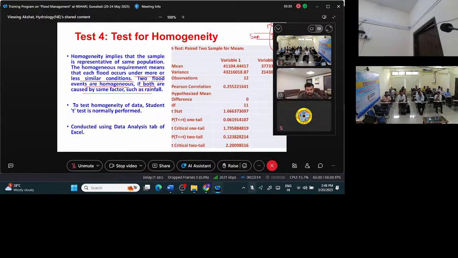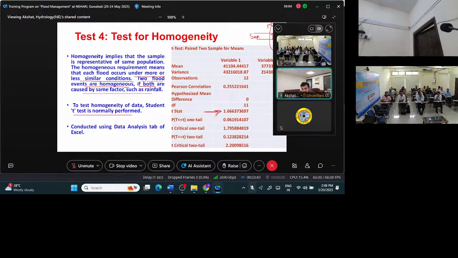So to test the homogeneity, the Student t-test is normally performed, and it is performed in the Data Analysis tab in Microsoft Excel. It is a very simple test that can be performed in Excel. In the test result, we get the t-stat for the data.